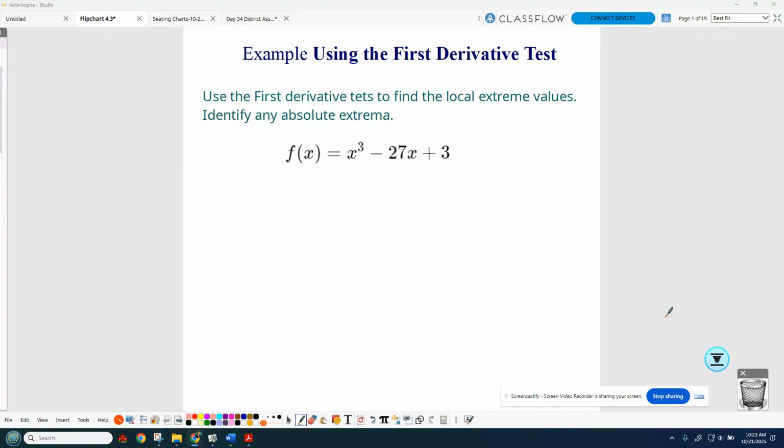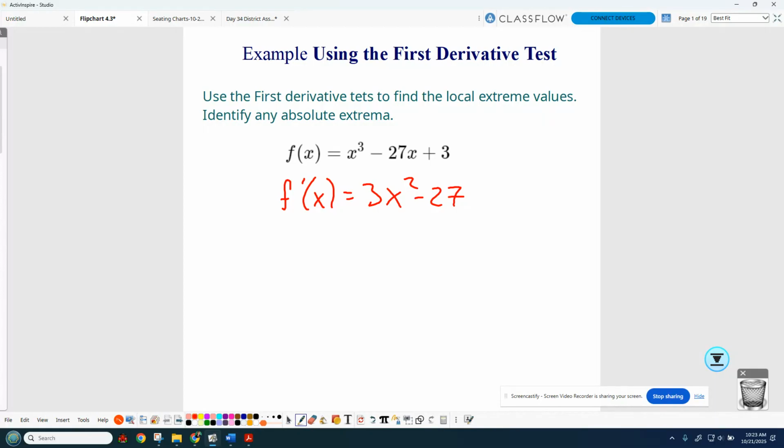And the title of this says, let's use the first derivative test to... You don't know what the first derivative test is, but what do you think you need to do? Find the first derivative, by doing power rule.